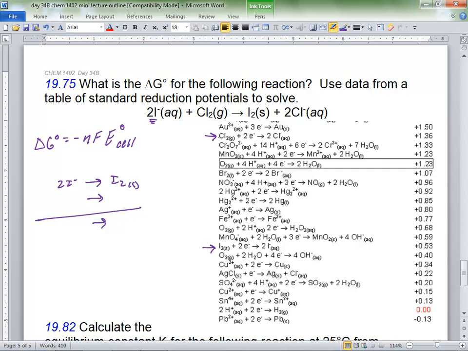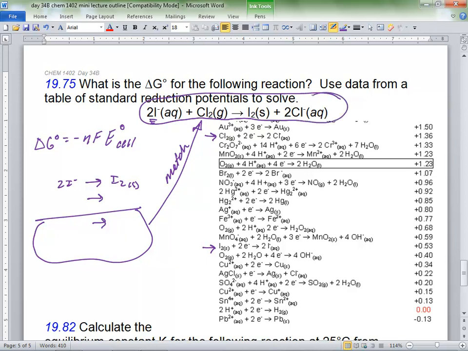You want to add up these half reactions so you get their reaction. Whether you get the most positive E0 or not, it doesn't matter. You have to get their reaction because that's what you want delta G0 for. It may not be spontaneous. They may be interested in something else. So whatever you get here has to be identical to what's here.